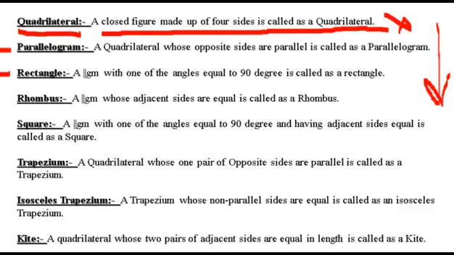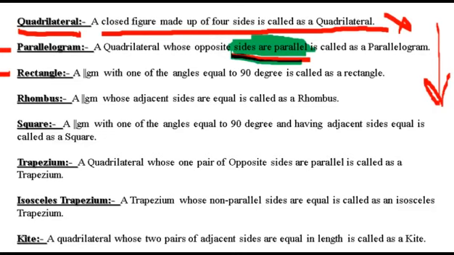First up is parallelogram. A quadrilateral whose opposite sides are parallel is called a parallelogram. Keep in mind that this is the most important point of all: the sides are parallel. If you have a simple four-sided figure in which both pairs of opposite sides are parallel to each other, it becomes a parallelogram.